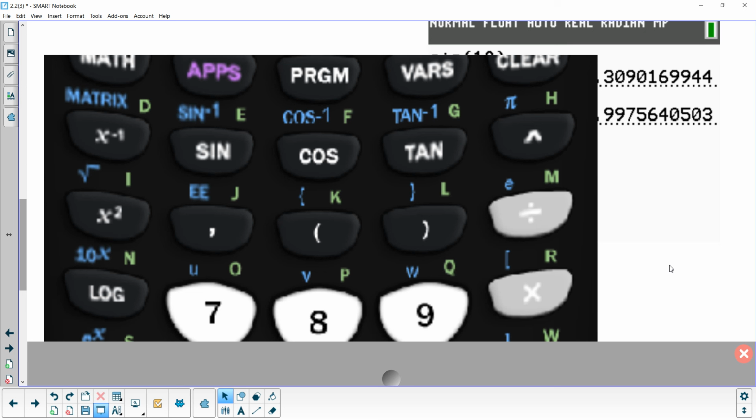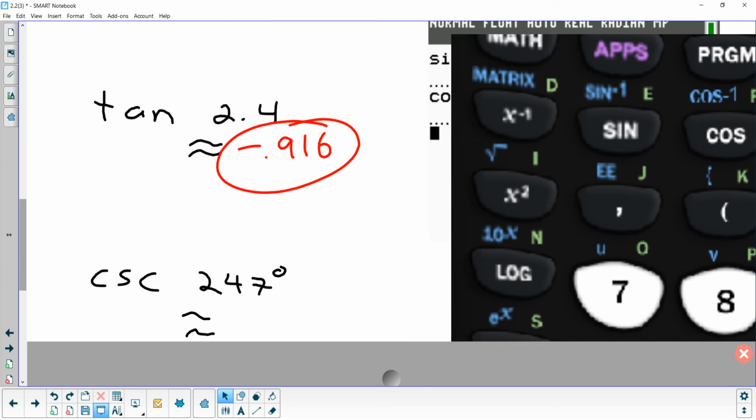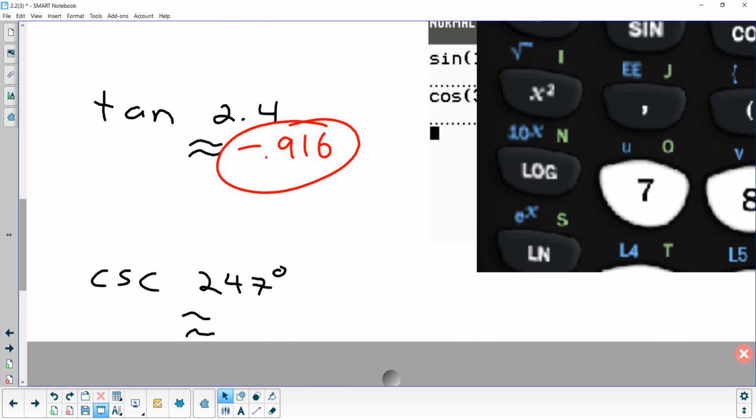So the only way to do CSC is to use one of the buttons we already have and do the same thing we've been doing all week. How have we been doing cosecant all week? What do we do first? Yep. Find y and flip it. And y is which trig function? Sine.